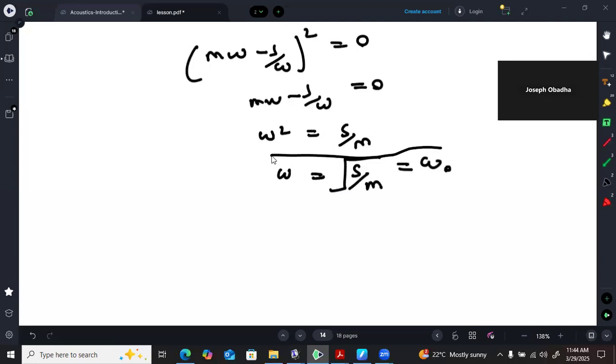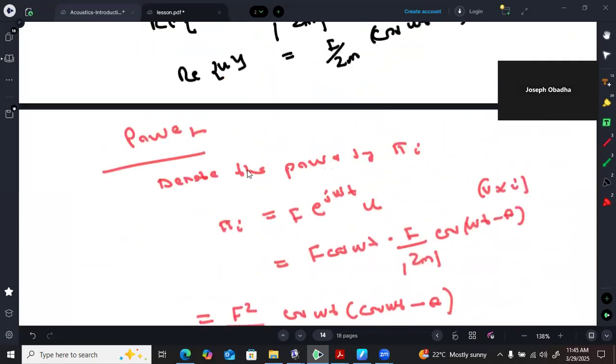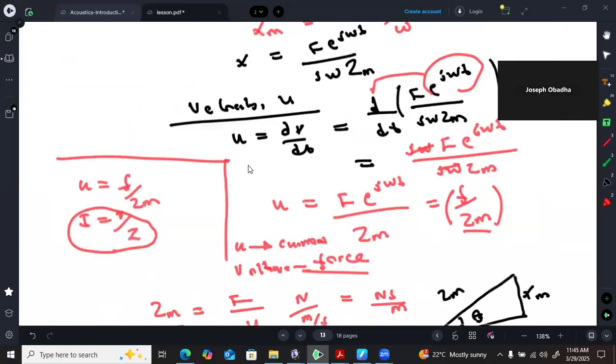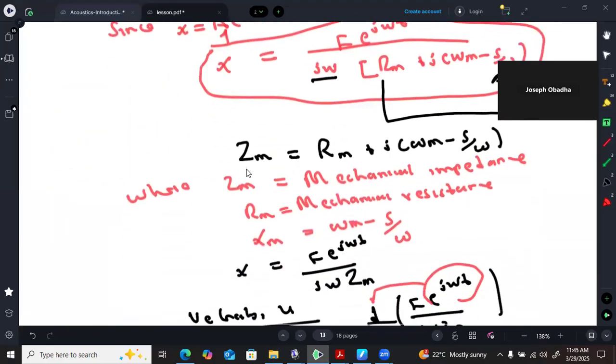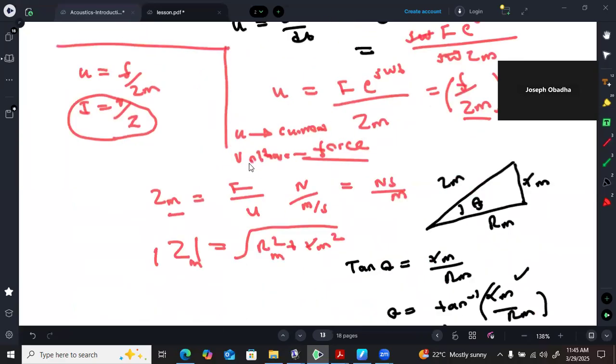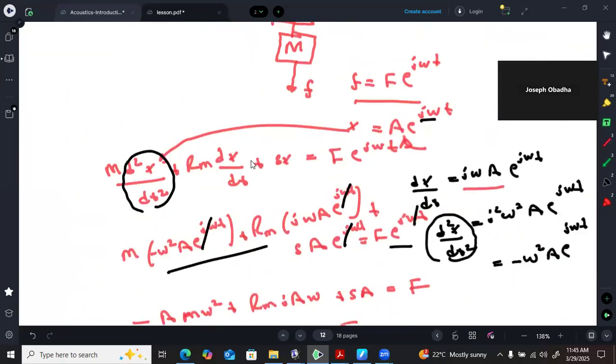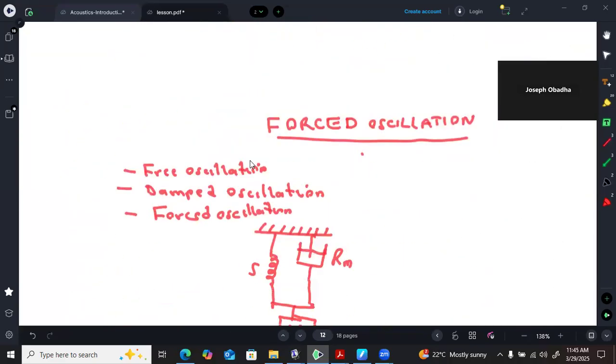So what this means is that you have a system, you are applying some external force, but we are interested in when would the power be maximum.